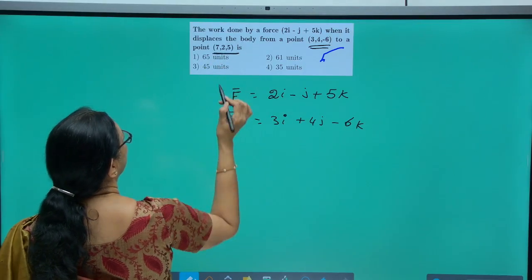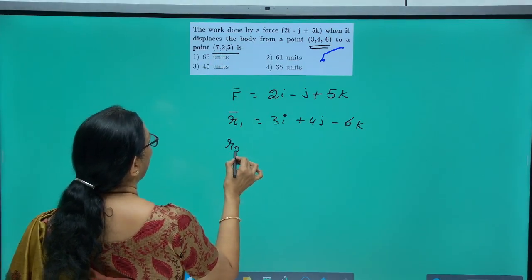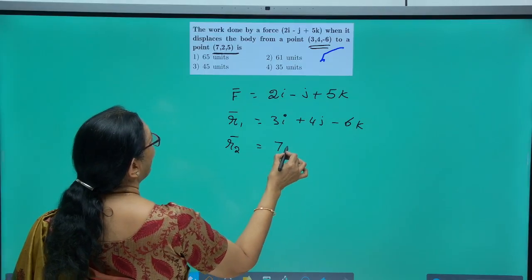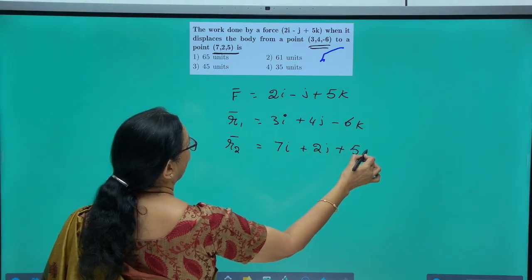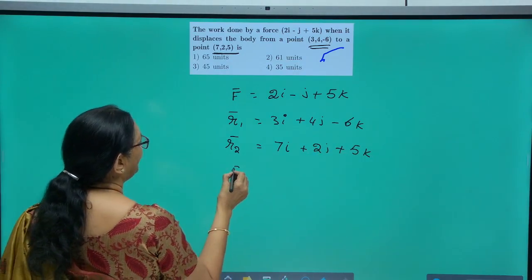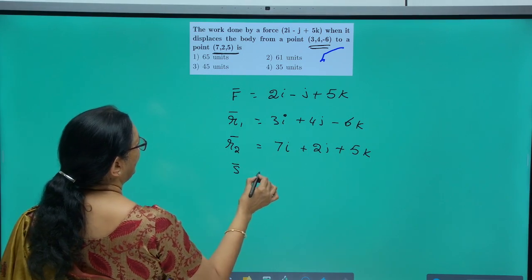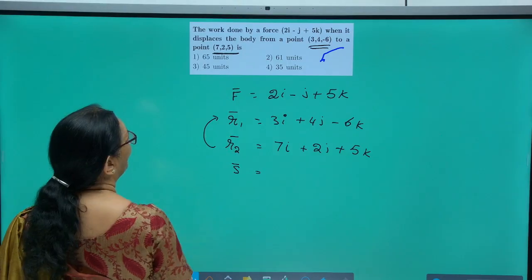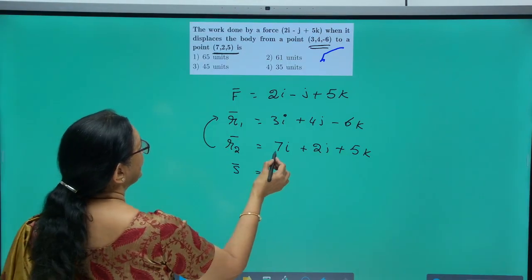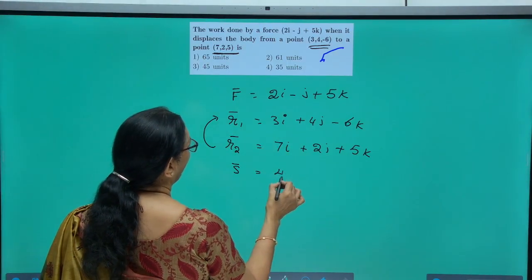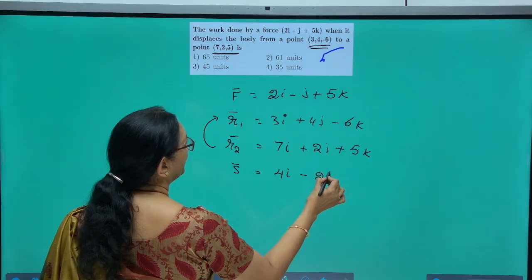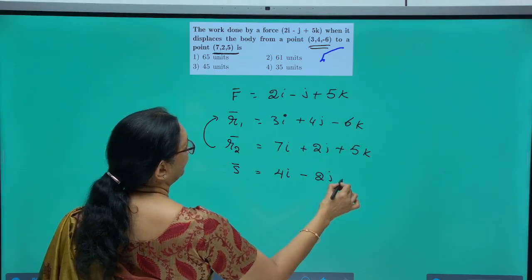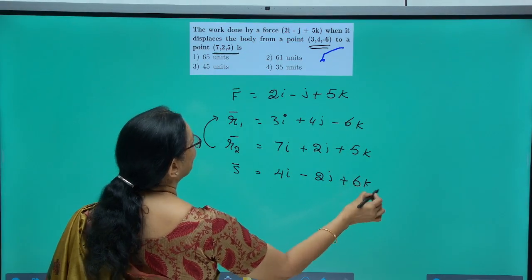Displaces the body to this point. So, the final position vector is 7i plus 2j plus 5k. Then the displacement vector is R2 bar minus R1 bar. 7 minus 3, 4i, 2 minus 4, minus 2j, 5 minus of minus 6, plus 11k.